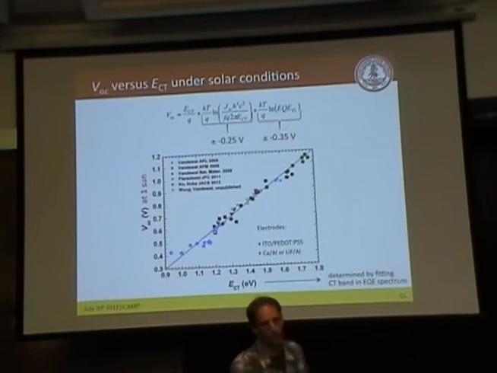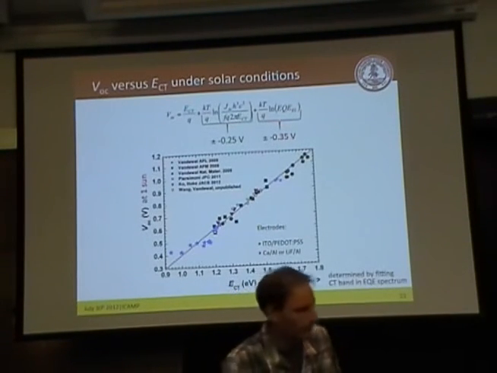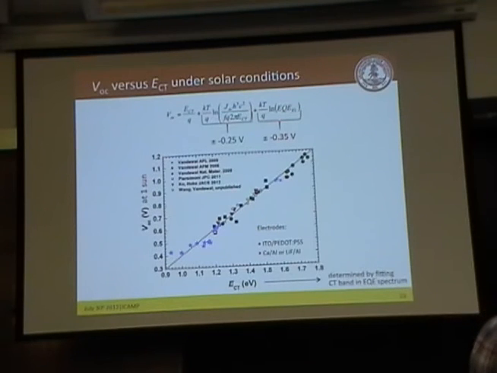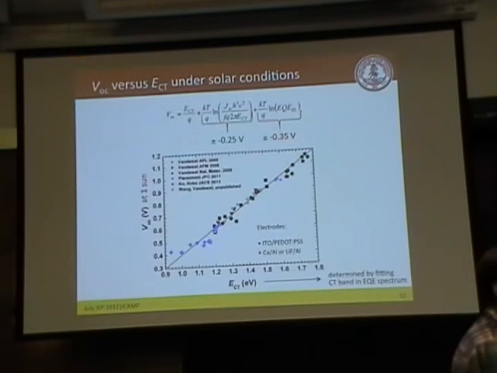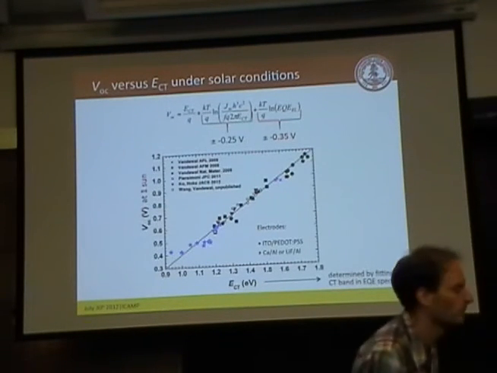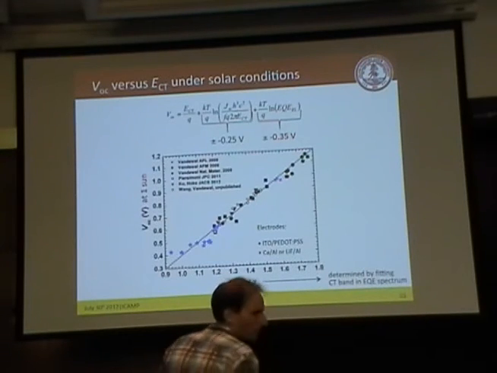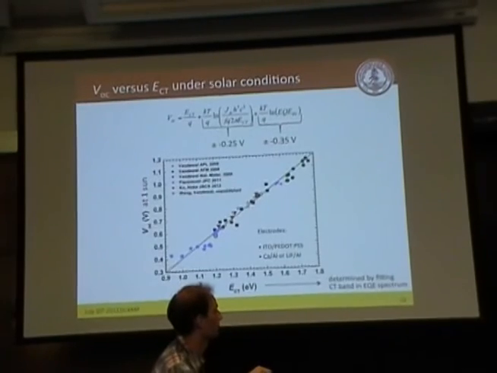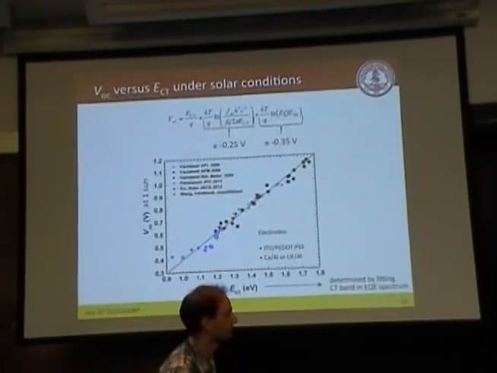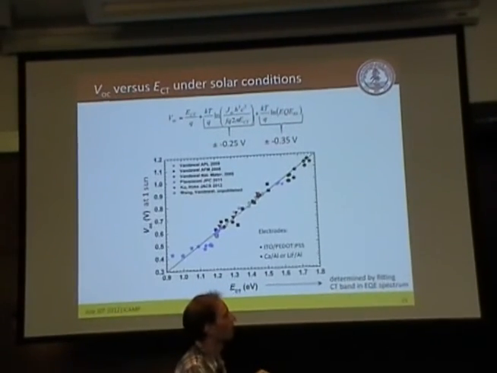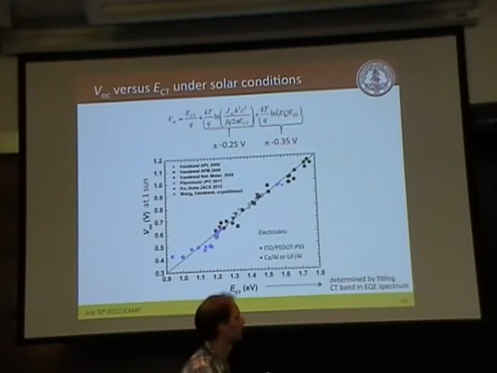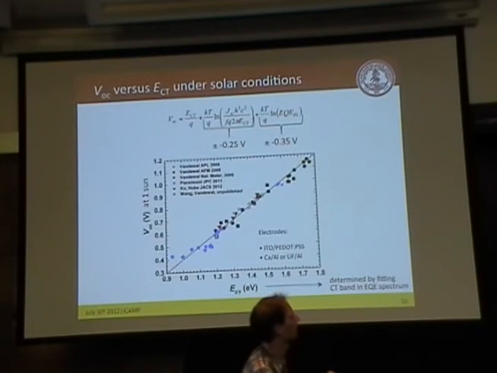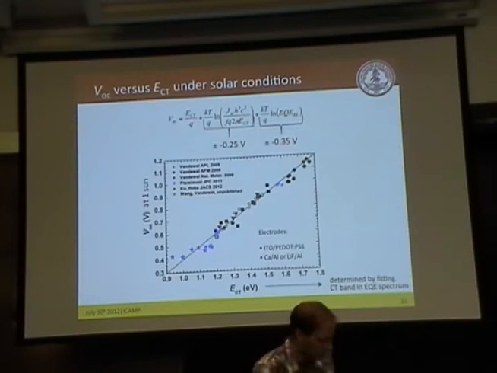So that's bad news, I guess, because there's always a difference between the energy of the CT state and VOC of 0.6 electron volts, which is a lot. That's a lot we lose, and a big part of it is non-radiative. And the other part is this, and we're not really playing with it. This one is what I call the radiative part.